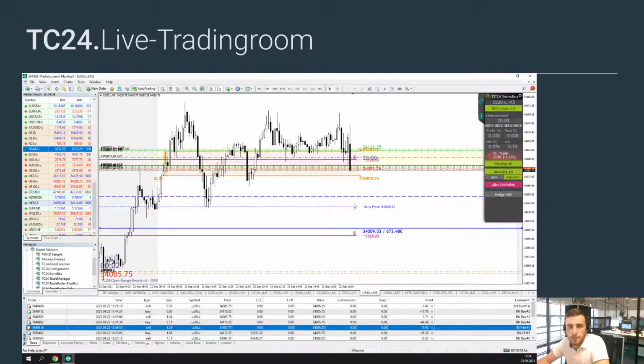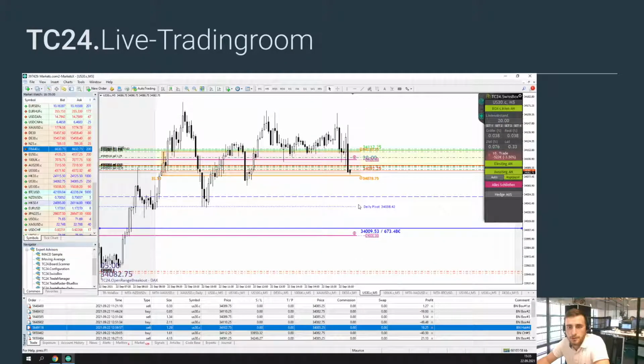See if we can get a breakdown at least towards that daily pivot. And then just keep our finger ready on the close all button.